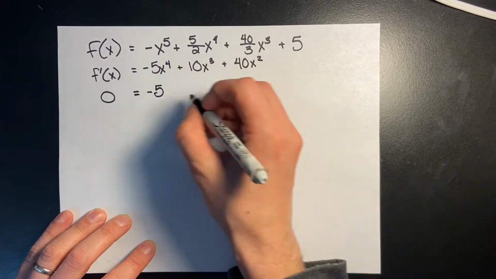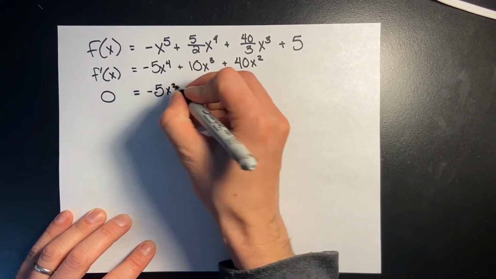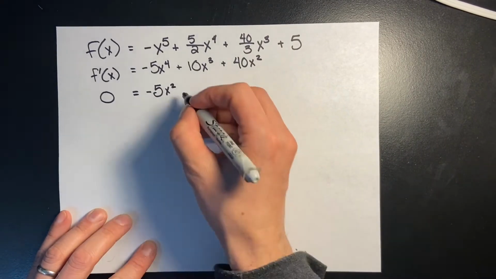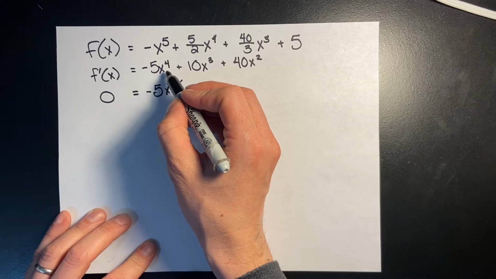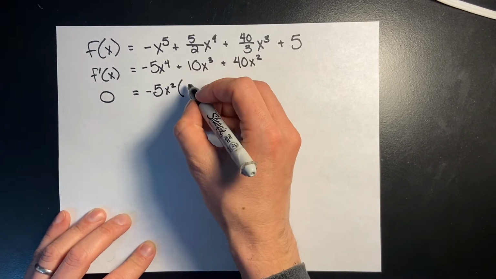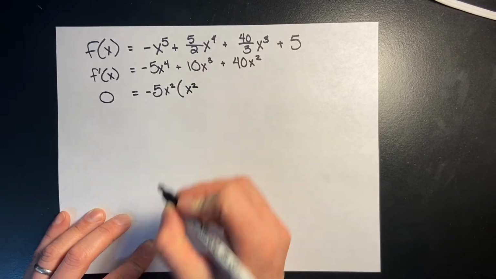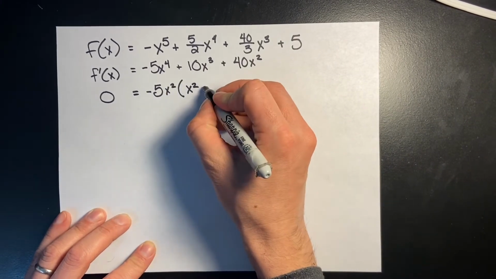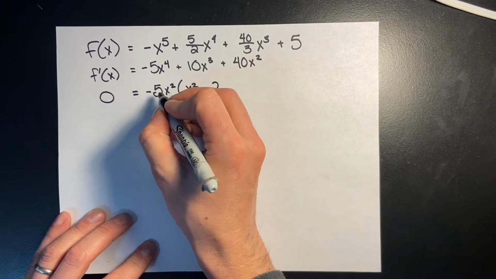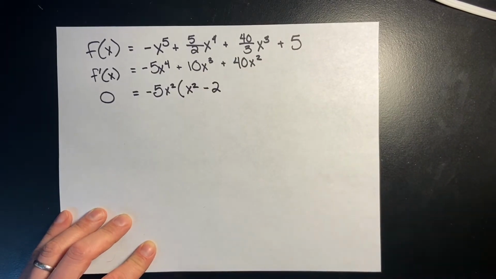I'm also able to take out 2 x's, so -5x squared comes out. After I take -5x squared out of -5x to the 4th, I'm only left with 2 x's. After I take a -5 out of +10, I'm left with a -2 because I'm taking a negative out of a positive, which leaves me with a negative.